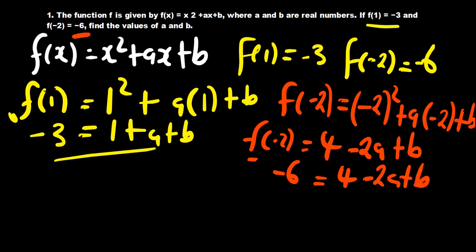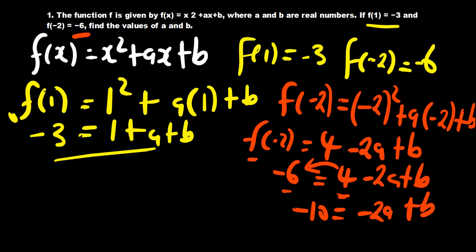Now if we put the like terms together, these are 4 and negative 6. If we take the 4 to the other side, it will be negative, so negative 6 minus 4 will just give us negative 10. This negative 10 will be equal to negative 2a plus b. Now we have two expressions with us.